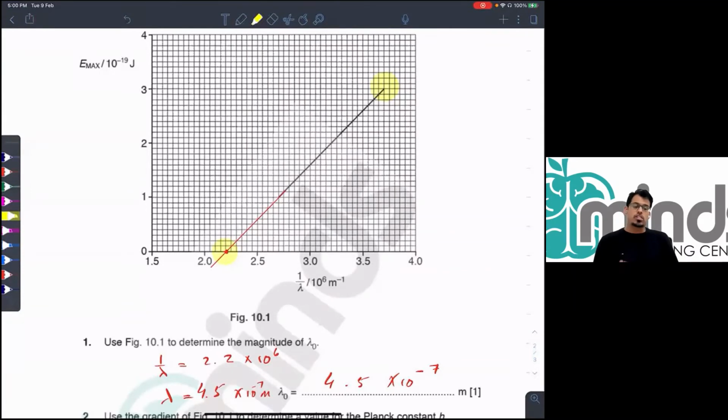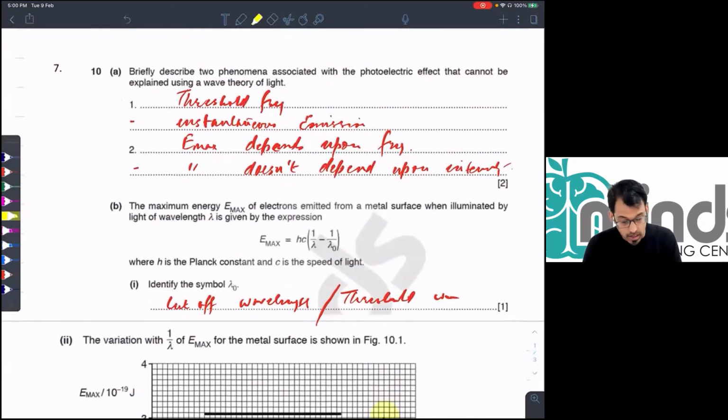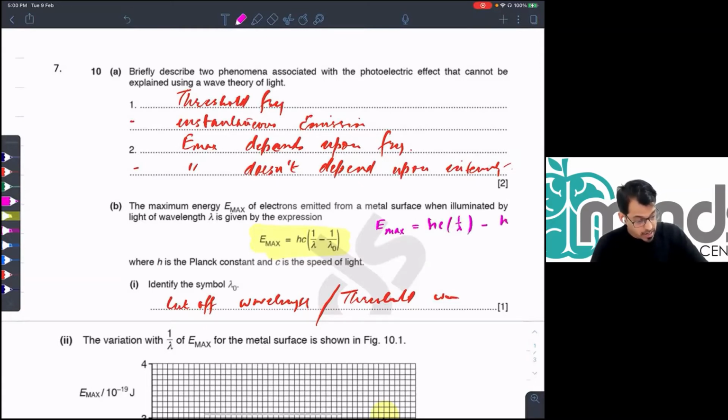Calculation of gradient is not something I need to explain because you might have calculated the gradient. How will you use that gradient? Now look at this equation. If I try to simplify it, can I say it will be like this? E max is equal to hc over lambda minus hc over lambda naught.